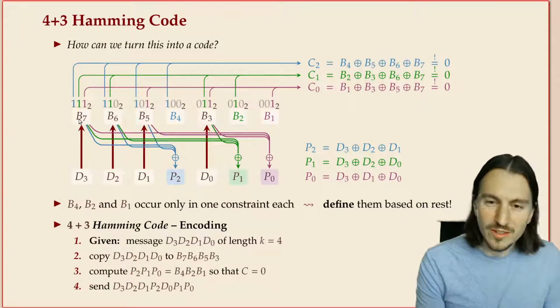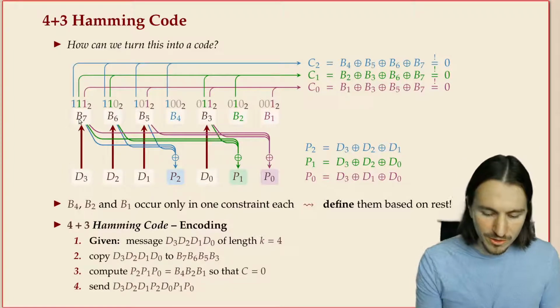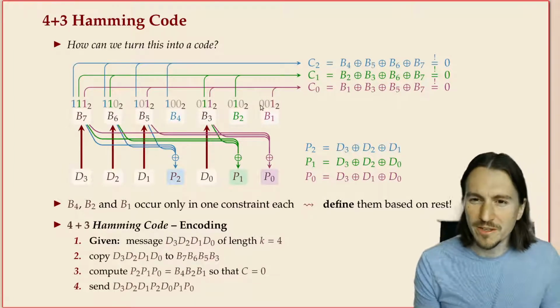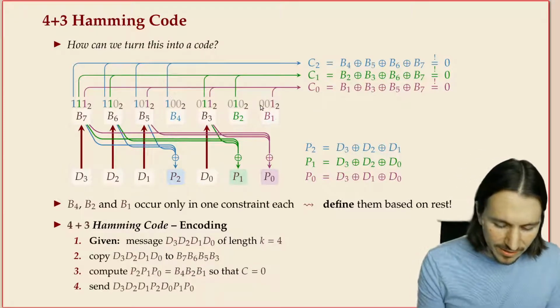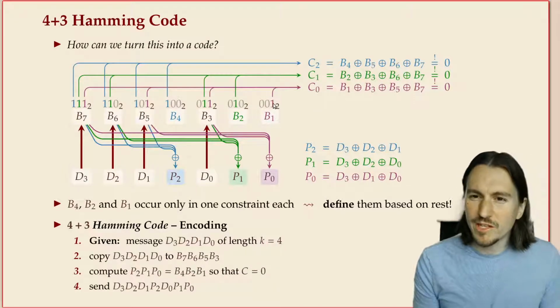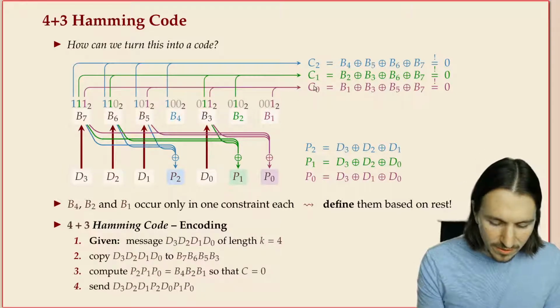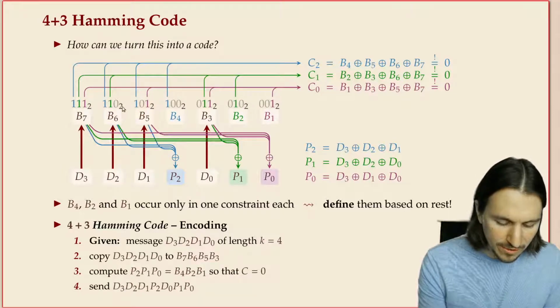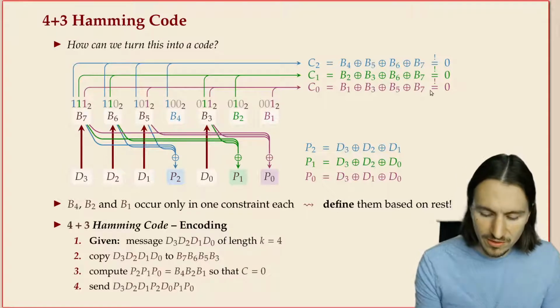If we have 7 bits in total, I can represent all those numbers with 3 digits in binary. And that means I have 3 checking constraints, 3 checking bits. And the last one takes the last bit in the binary representation. Whenever that is a 1, I include that bit into my constraint.